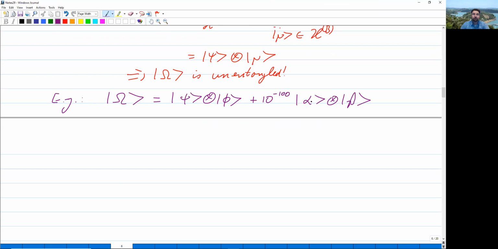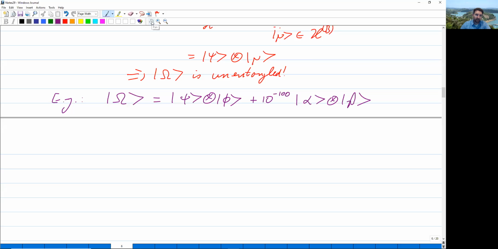Now, if alpha is not equal to psi and beta is not equal to phi, then this is an entangled state. But you see, it's just barely entangled because the prefactor here is tiny. So we can almost forget about this second term. It's not going to matter in experiments. It's so tiny. So the state is almost unentangled, but it is entangled. And so it is worth quantifying how much a state is entangled. And we will get to this later, not today, but later on.